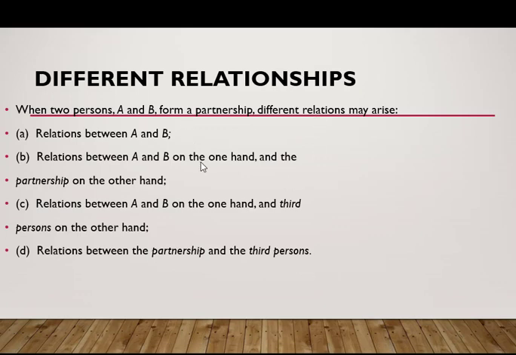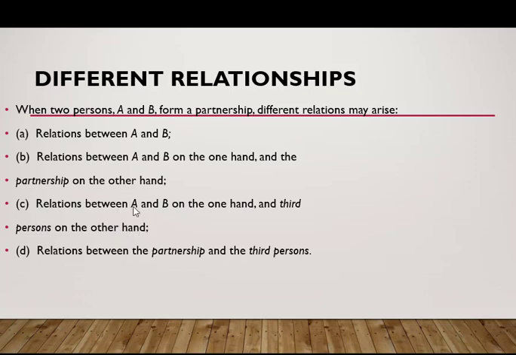So when two persons, A and B in my example, form a partnership, different relations may arise: relations between A and B; relations between A and B on one hand and the partnership on the other hand, since the partnership has acquired a juridical personality; and relationships between A and B on the one hand and third persons on the other hand.